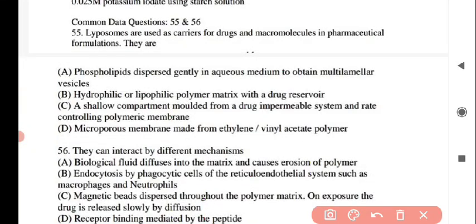The next question is, liposomes are used as carriers for drugs and macromolecules in pharmaceutical formulations. They are, and the correct answer is option number A, that is phospholipids dispersed gently in aqueous medium to obtain multilamellar vesicles.